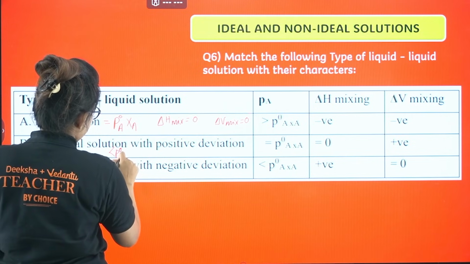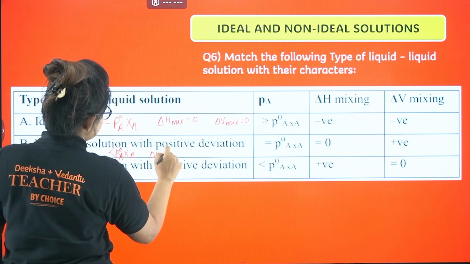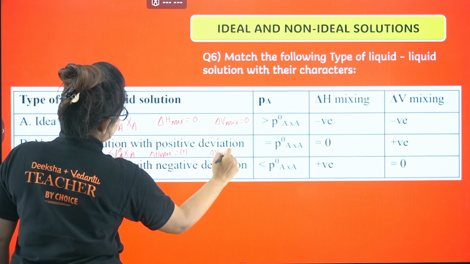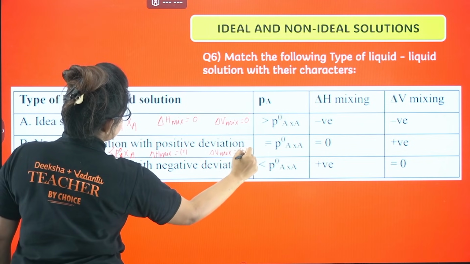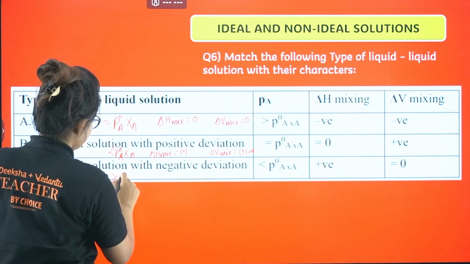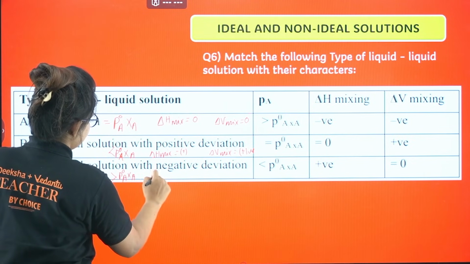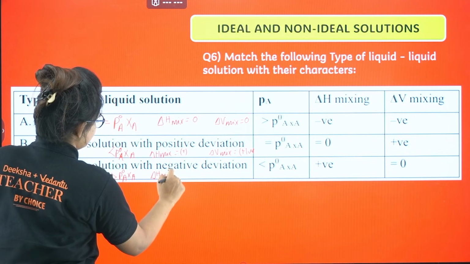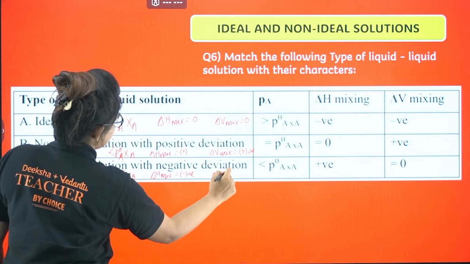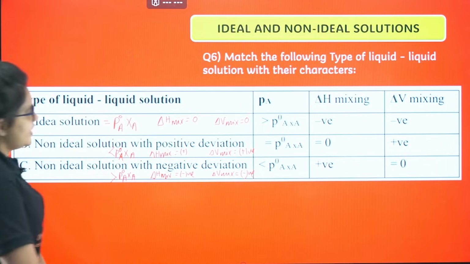So P naught A of XA, delta H mix should be positive and delta V mix should be positive as well. Okay, non-ideal solution with negative deviation, P naught A of XA, delta H mix should be negative and delta V mix should be negative as well. Okay, I guess it's clear.